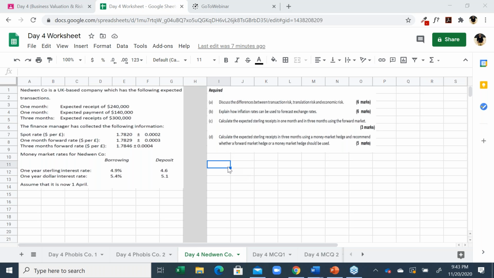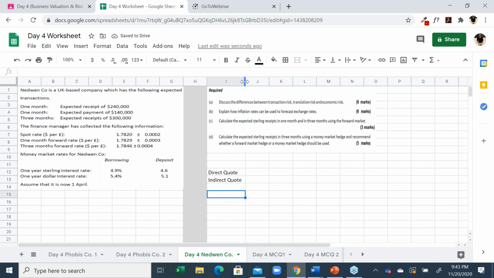Asher is asking, sir, what is meant by direct quote and indirect quote? Direct quote and indirect quote, right? So let me explain it. Like in Pakistan, our currency is rupees, right?